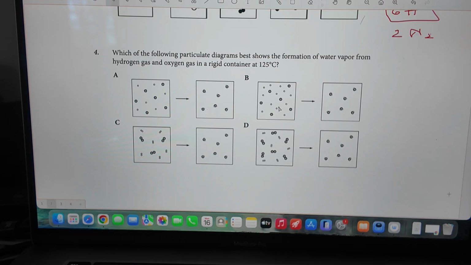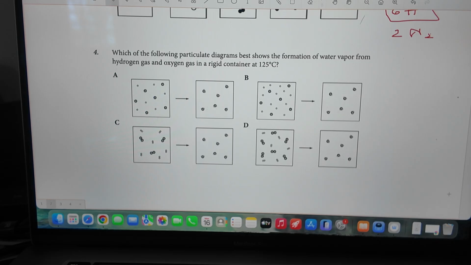Which of the following particulate diagrams shows the formation of water vapor from hydrogen gas and oxygen in a rigid container at 125 degrees Celsius? So I'm going to assume the oxygen would be larger circles, and the hydrogens are smaller circles.